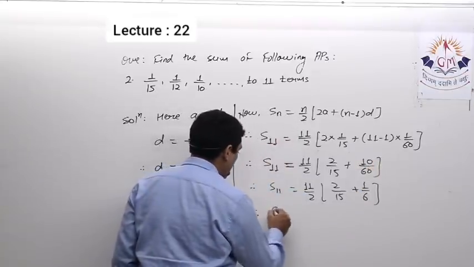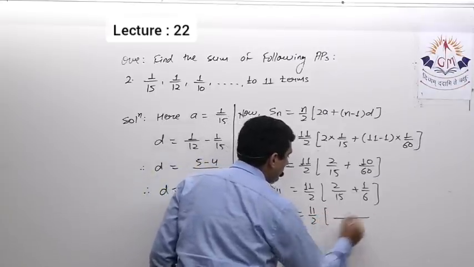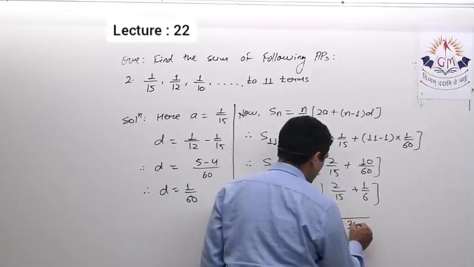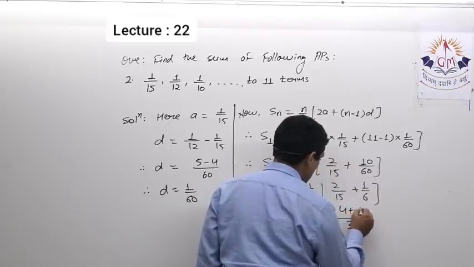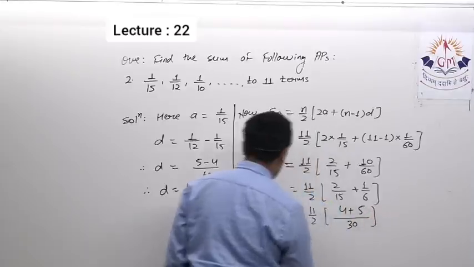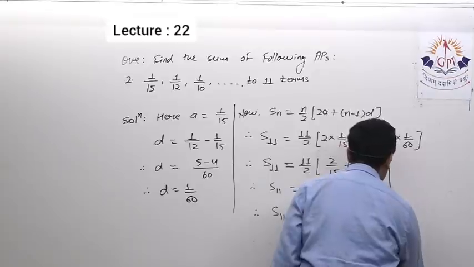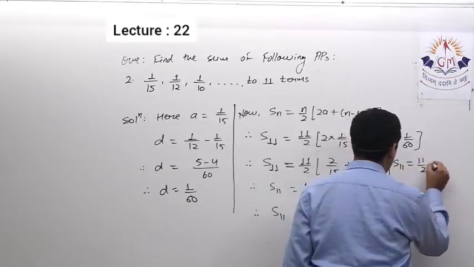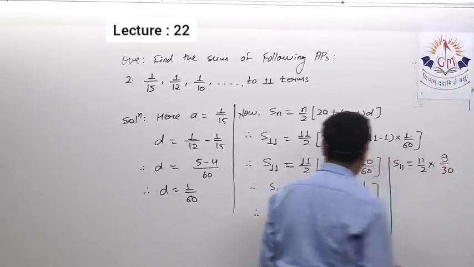So finally, it is just the addition of rational numbers. Here LCM will be 30, 4 plus 5. So further, S11 is equal to 11 by 2 multiplied by 9 upon 30.